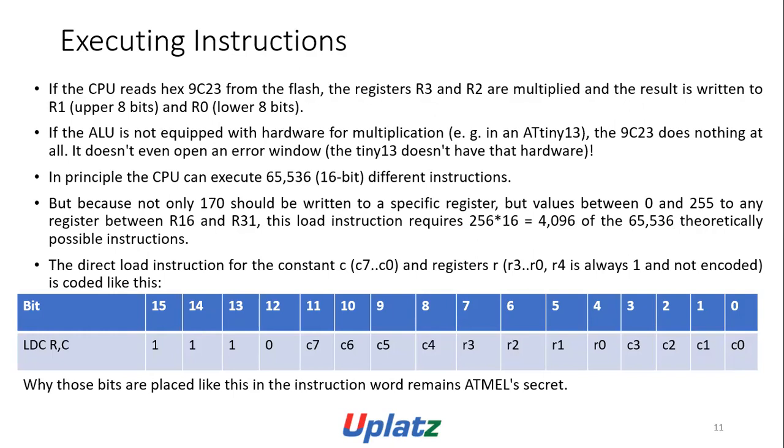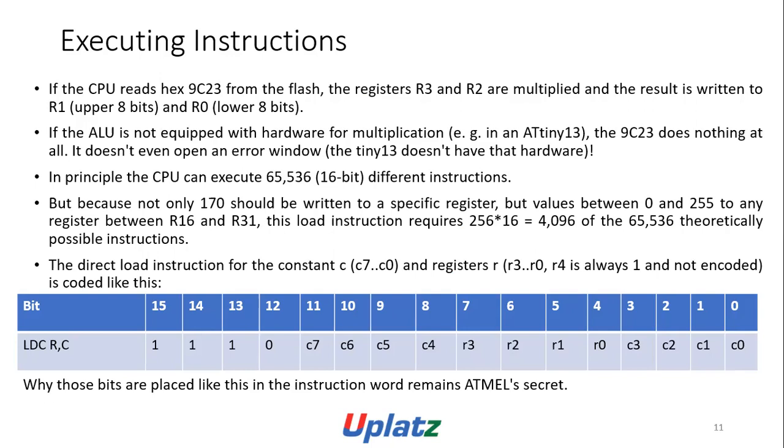In principle, the CPU can execute 65,536 different 16-bit instructions, but because not only 170 should be written to the specific register, but a value between 0 and 255 to any register between R16 and R31, this load instruction requires 256 times 16, which is 4096, of the 65,536 theoretically possible instructions.